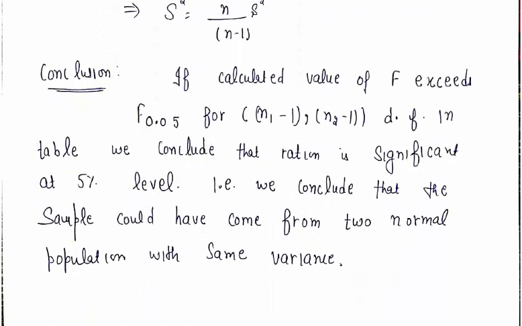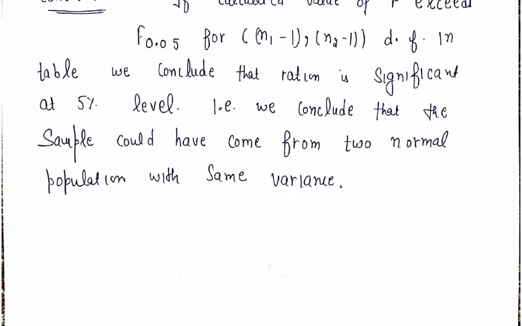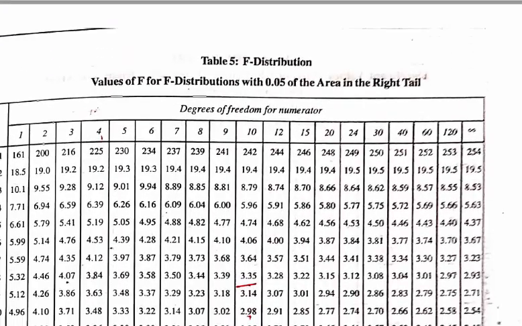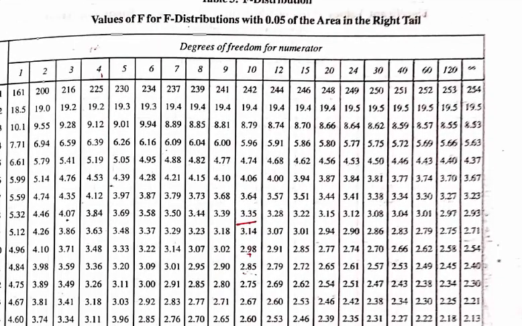So after finding the table value, if we check the table, this is the table for the F distribution. Here 1, 2, 3 in this row represent the degrees of freedom for the numerator, and here is the degrees of freedom for the denominator.